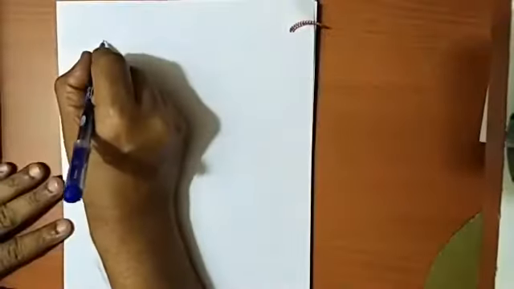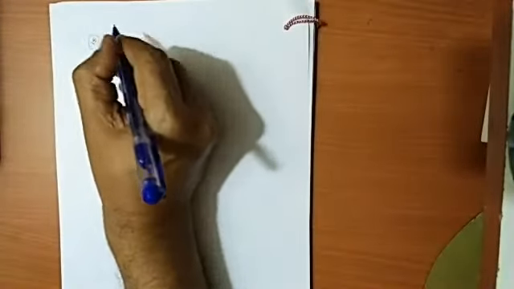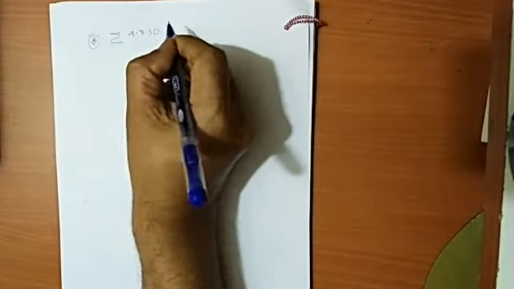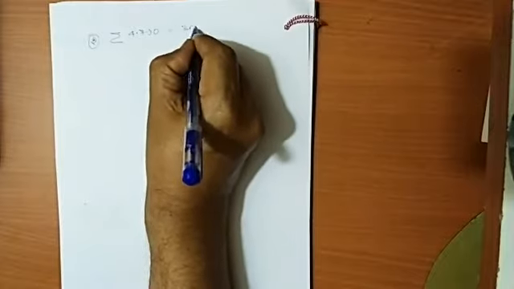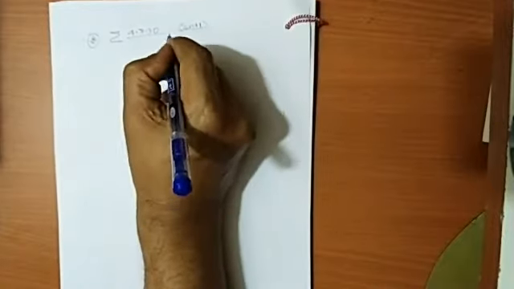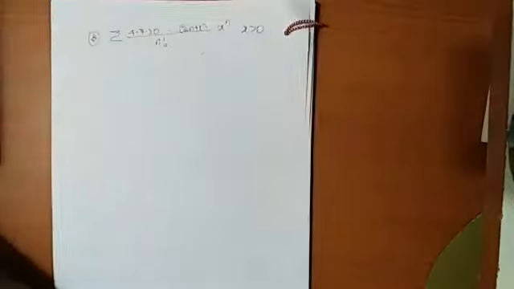So the second example from the question bank is: find the nature of the series 4 into 7 into 10, and so on, up to 3n plus 1, divided by n factorial, times x raised to n, where x is greater than 0.